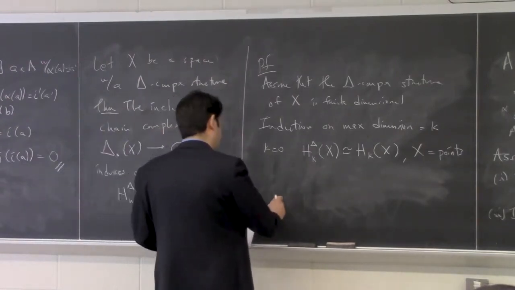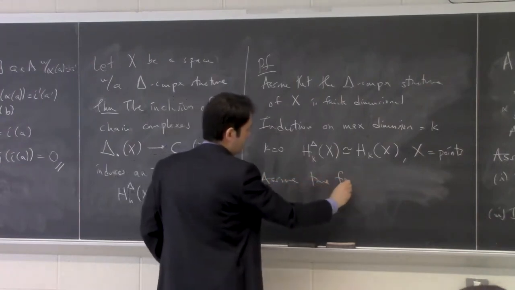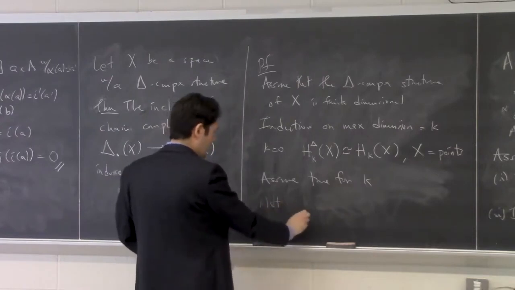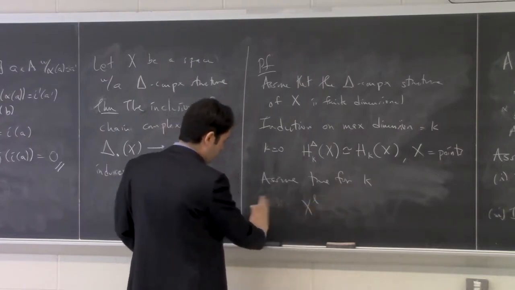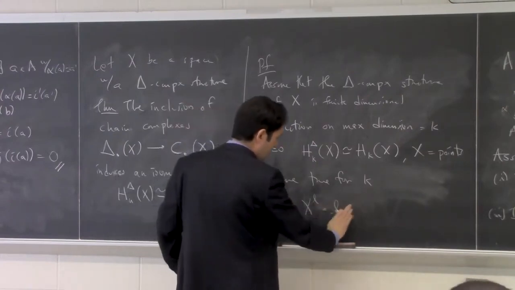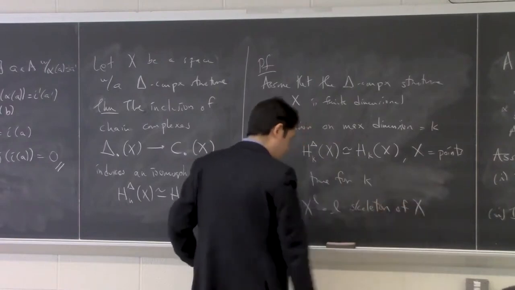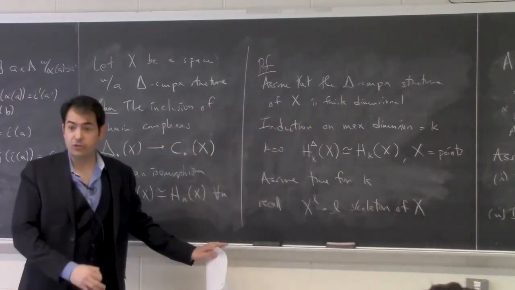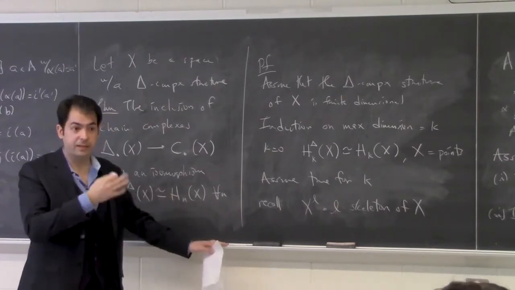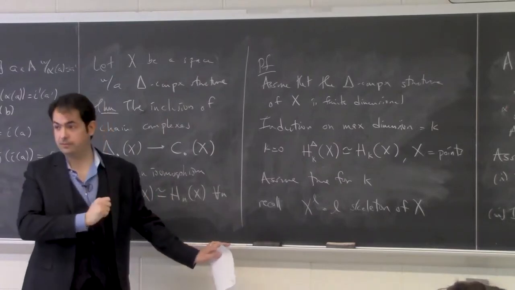So assume true for k. Let's recall X^l is the l skeleton of X. This is the space you get by only looking at the delta complex structure up to l simplices.